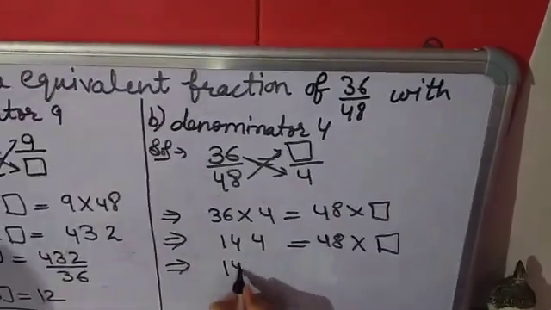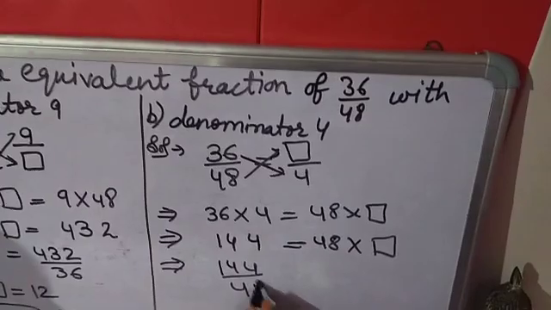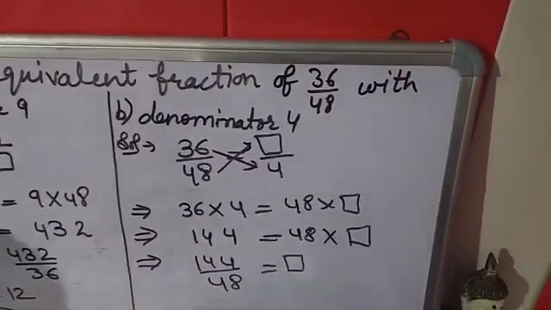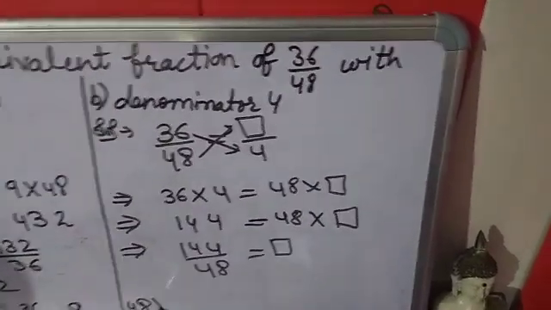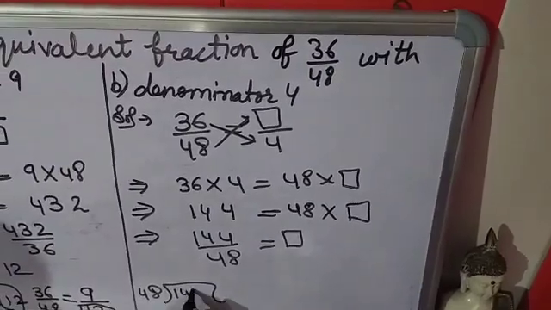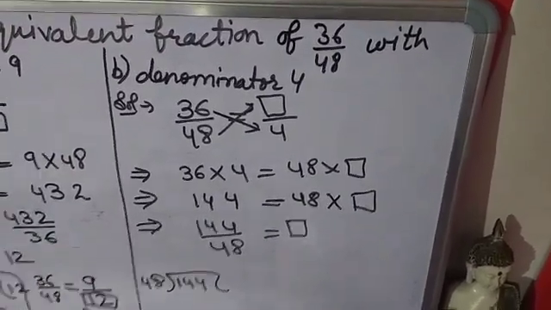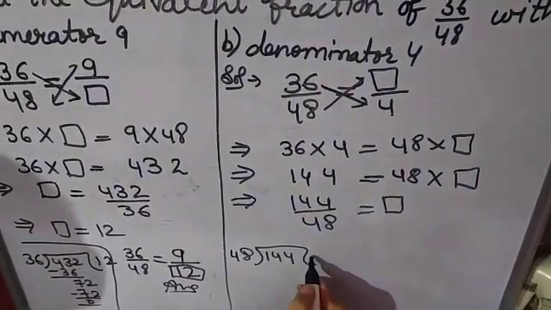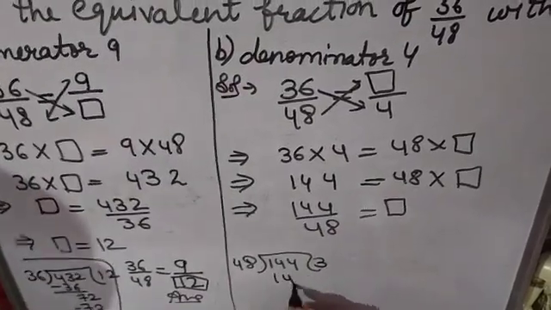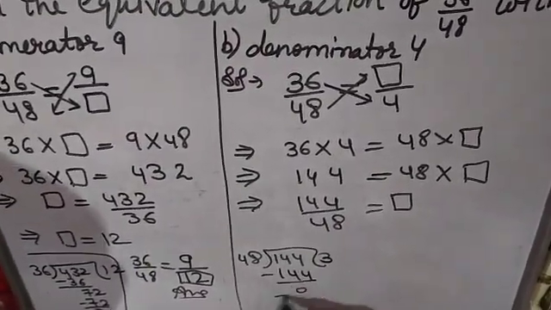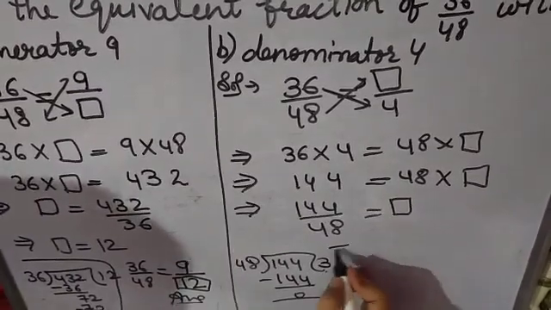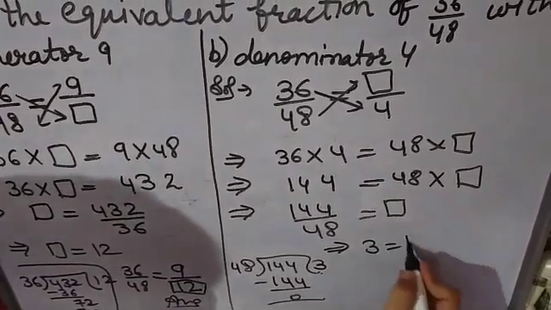Again 48 will go there and it will become division. So we will do division here. It will go on 3. 48 threes are 144. So the answer will be 3. The value of box is 3.